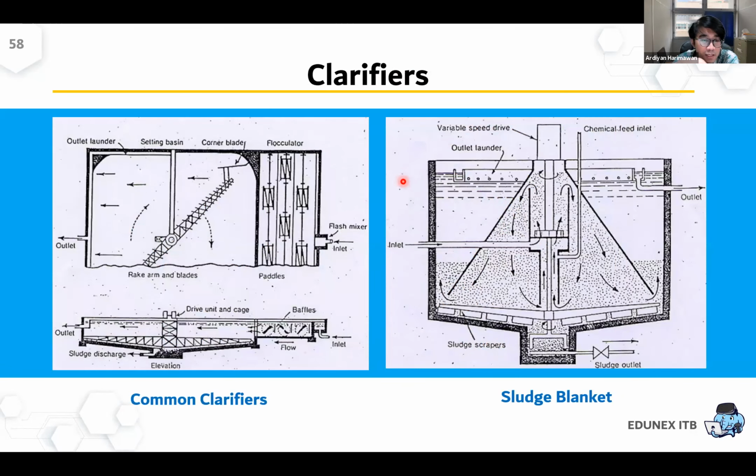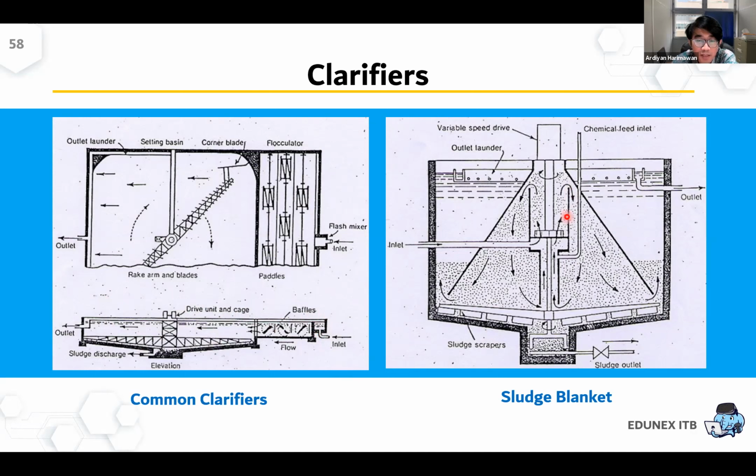Okay, this one is the diagram. First is the flocculation. Yeah, the fast mixing, and then it continues with slow mixing, and then continues with the settling. This one is also the same: fast mixing, slow mixing, and then settling.